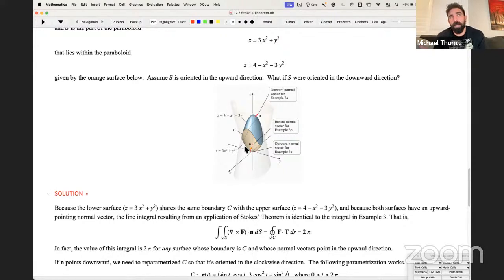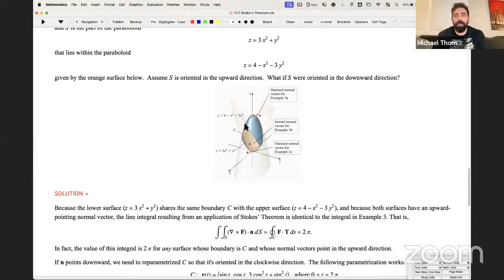As long as you're oriented in the same direction and you have two surfaces, they have to get the same result. If you notice, the blue surface and the orange surface are oriented in the same direction. Their normal vectors point upward, and they have the same boundary curve, which means the circulation has to be the same. In other words, the right side of Stokes' theorem is the same for both of them, which means their left sides have to be the same.